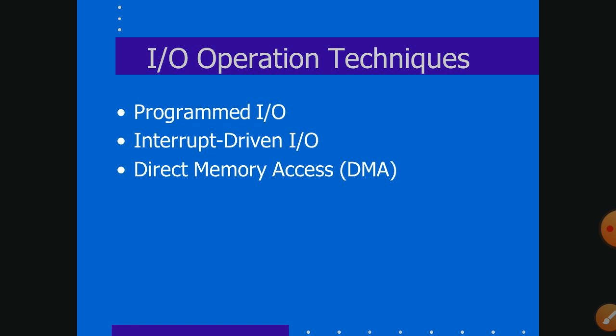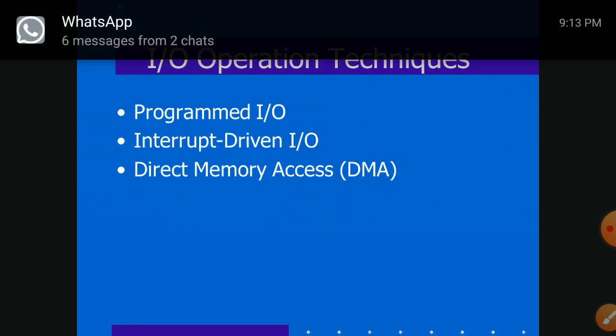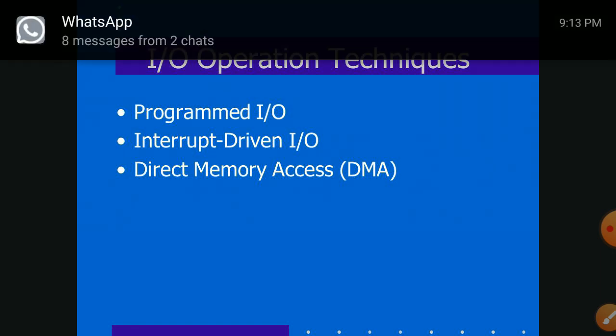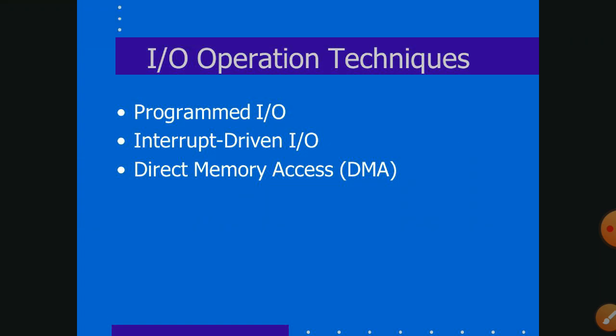If any IO device sends an IO request in the middle of the main program execution, that request can interrupt the main program execution, meaning the IO request can disturb it. Immediately, the processor stops its main program execution in the middle and goes for the IO data transferring operation. This method is called interrupt driven IO.